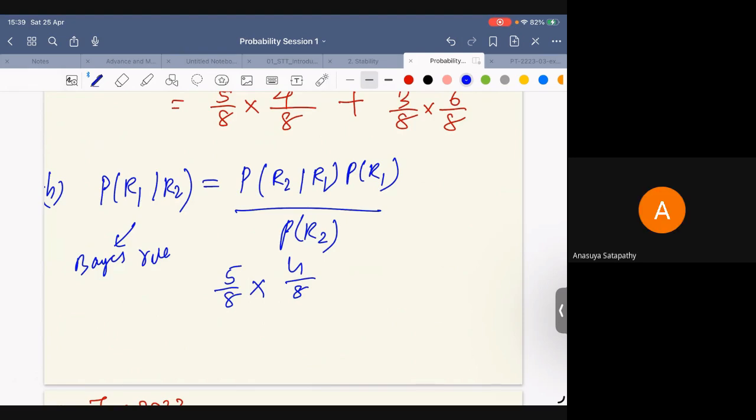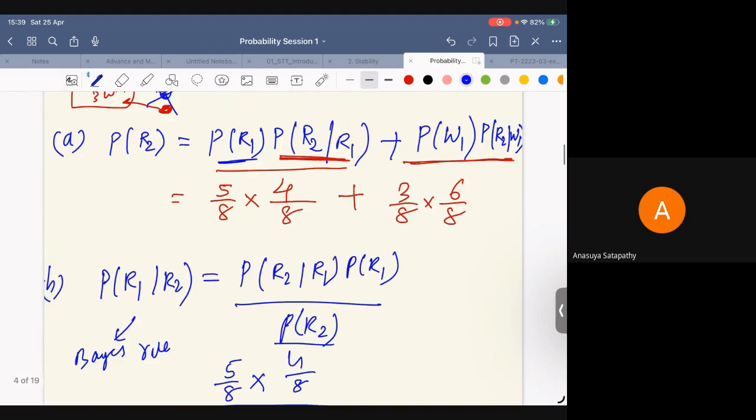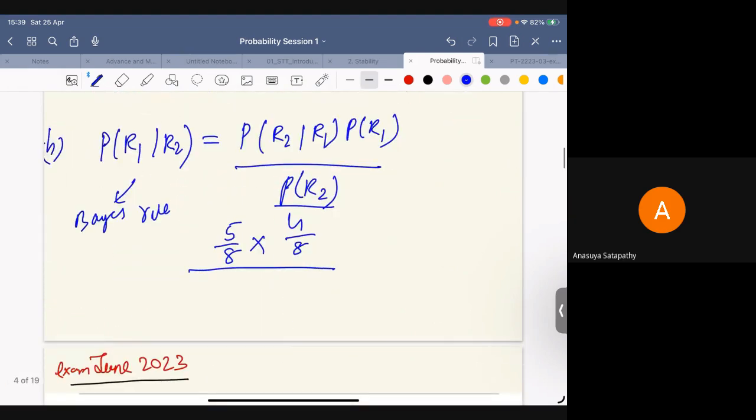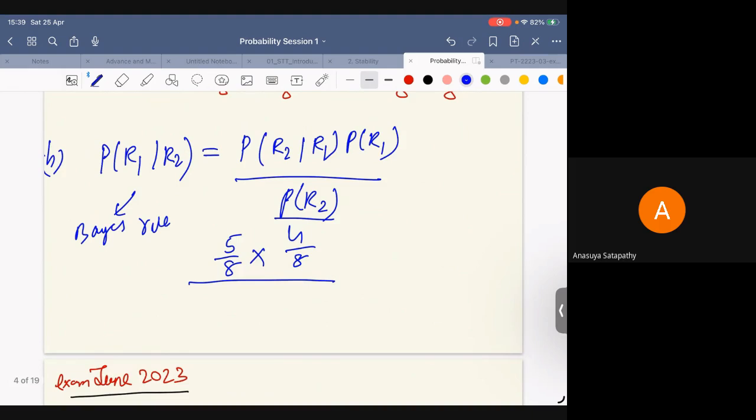Okay. And what we should consider is the total probability of the red ball, right? Divided by the total probability. So this will be our total probability. What is the total probability of the red ball? We have to consider both of the conditions, the total probability of the second ball to be red.